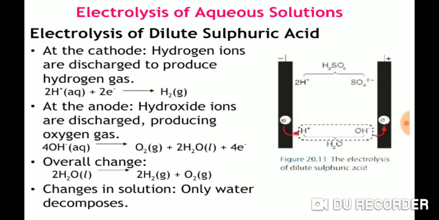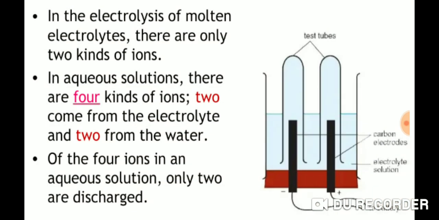The overall change that takes place is 2H2O gives 2H2 plus O2. Only water decomposes when we carry out the electrolysis of dilute sulfuric acid. Keep in mind, in dilute sulfuric acid, OH ions get discharged at the anode instead of sulfate ions. So we are not getting any sulfur dioxide gas, we are getting oxygen gas.